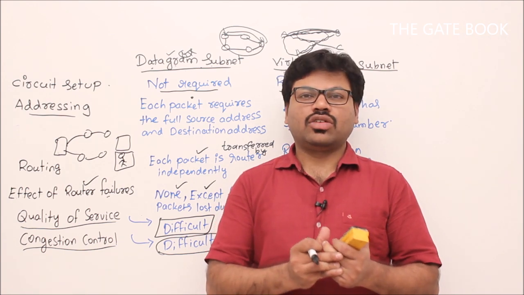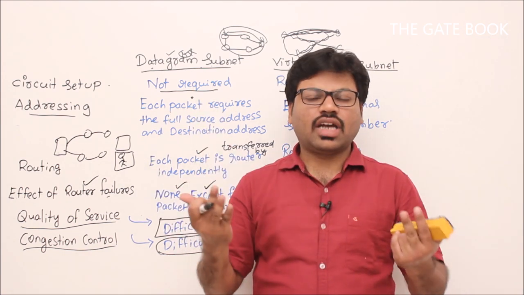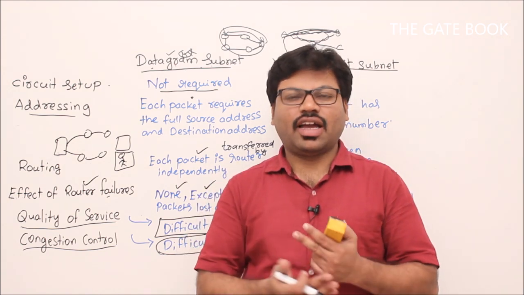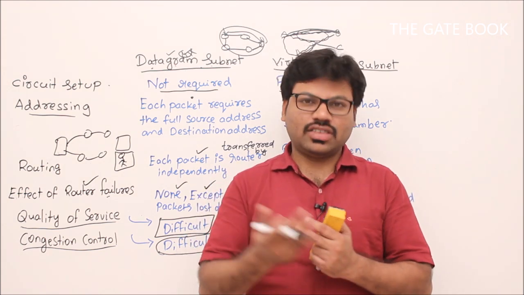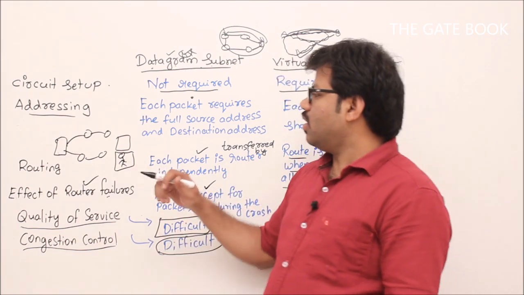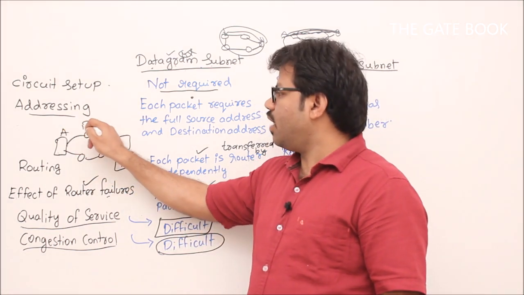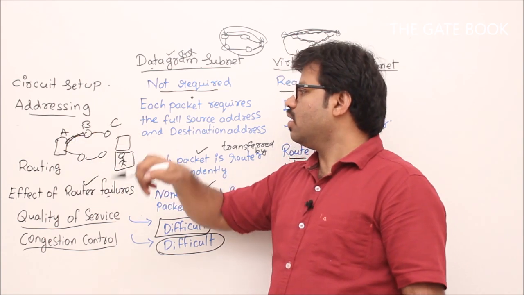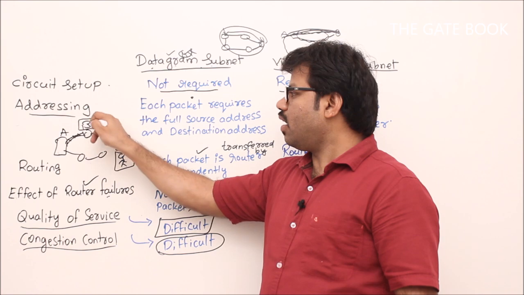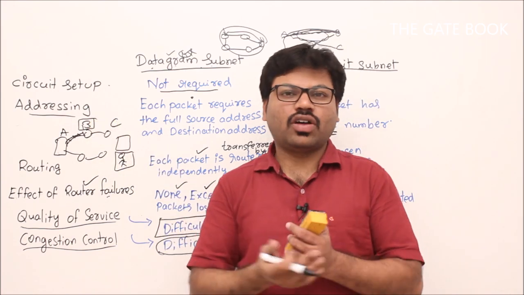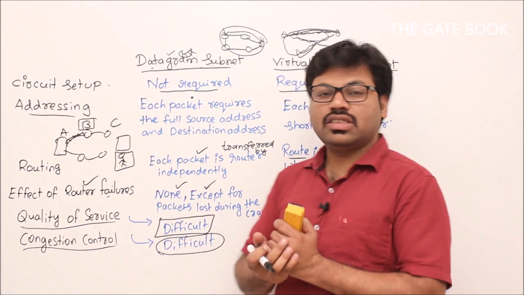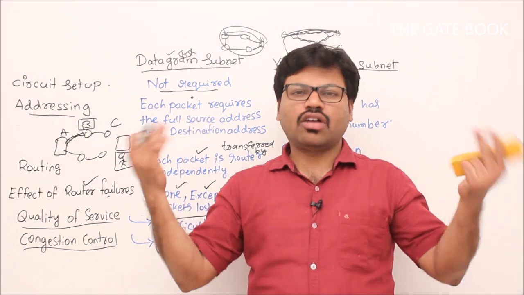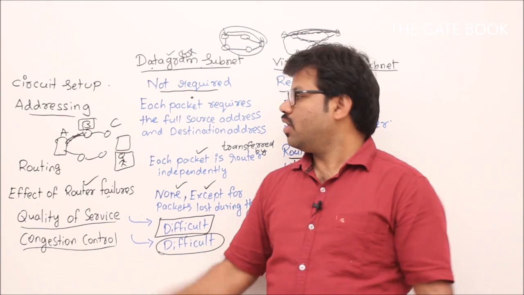In some routes there is no chance of sudden congestion. Why? For example, A, B, C, everyone has agreed upon bandwidth, right? Everyone knows their limitation. Suddenly this router may not have a lot of packets to process. What is congestion? Congestion is when a router is busy with hundreds of packets. That is impossible here. Why? We'll ask.